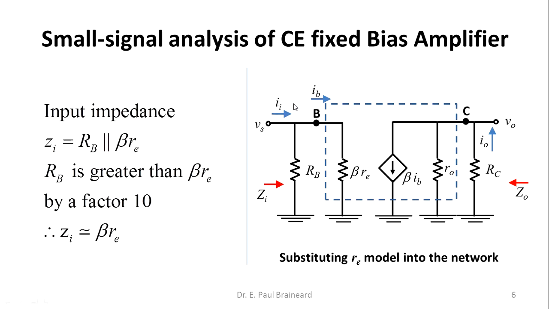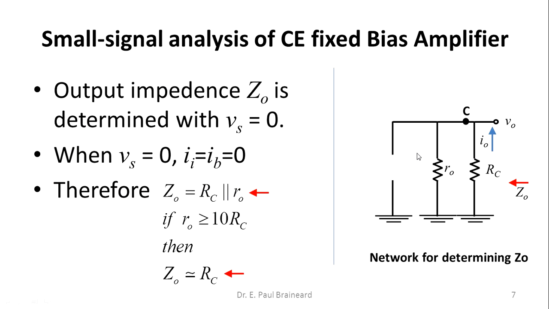Ii is 0. If Ii is 0, obviously Ib also is 0 at the input side. If Ib is 0, then the magnitude of the current source is nothing but beta times 0, which is also 0. Obviously, there is no current flowing here. Therefore, the current source is represented by an open circuit here. That's what you are seeing.